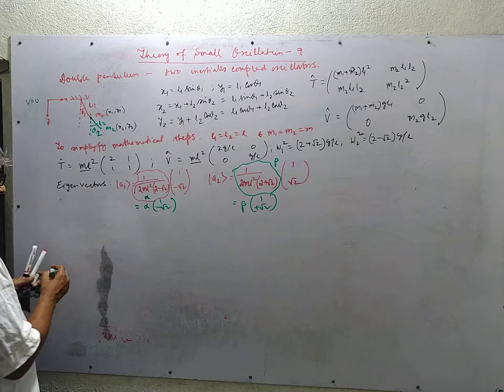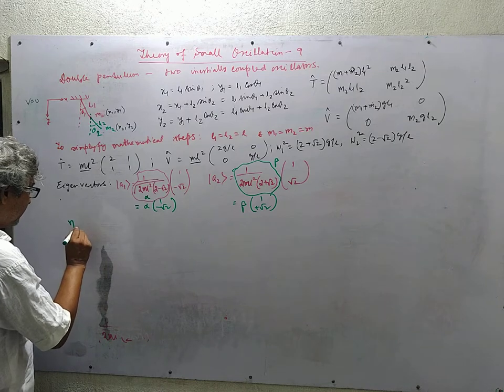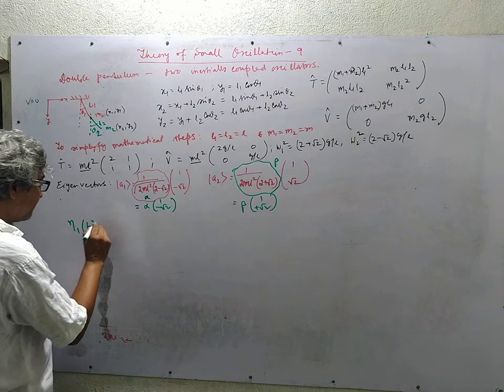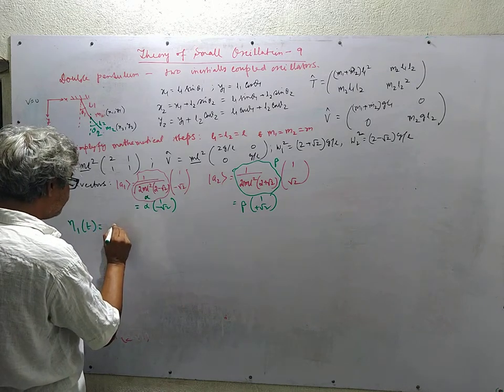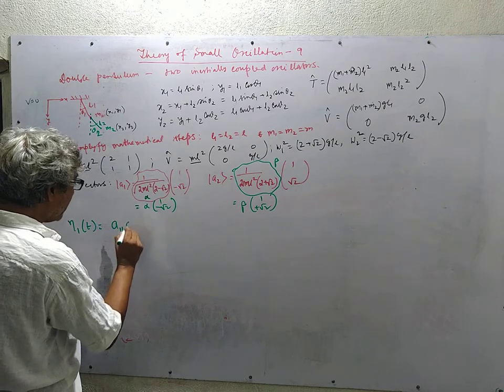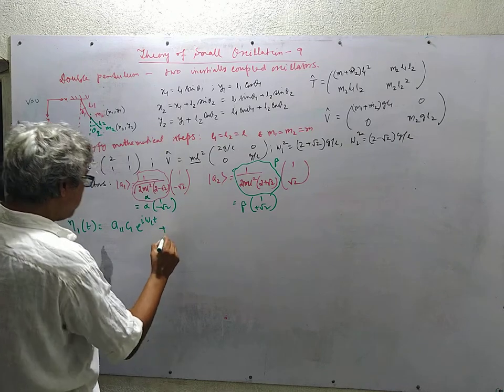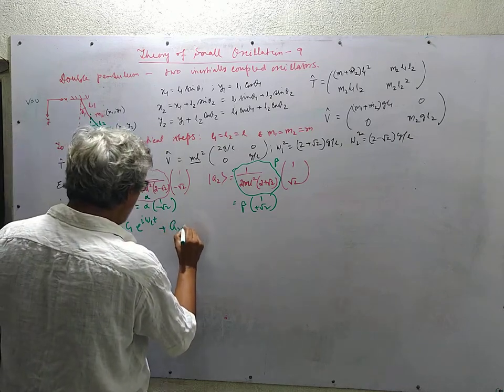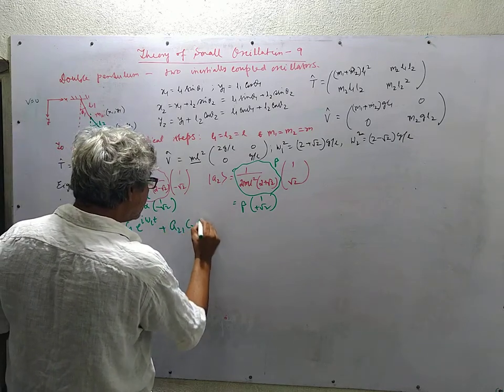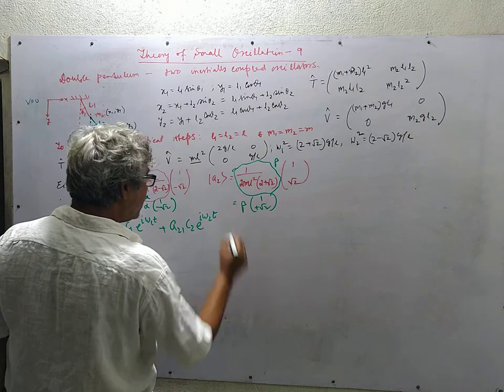So what is the displacement? Eta 1 as a function of t is A11 C1 e to the power i omega 1 t plus A21 C2 e to the power i omega 2 t.